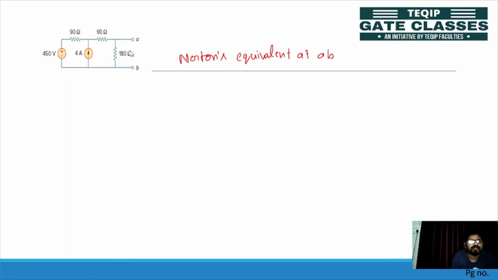So here the terminal is given, means अगर यहाँ पे कोई लोड होता AB पे और उसमें करंट पूछता, तो हम उसको पहले हटाते, नॉर्टन्स इक्विवेलेंट लिखते, फिर अपना लोड लगा के करंट फाइंड कर लेते. That is simple process. But here we just have to find the Norton's equivalent, means the terminal is already opened, we have to find our IN and Rn. So to find IN, what we'll do, we'll draw the circuit.